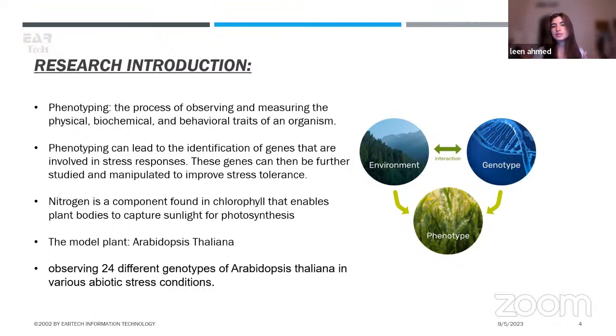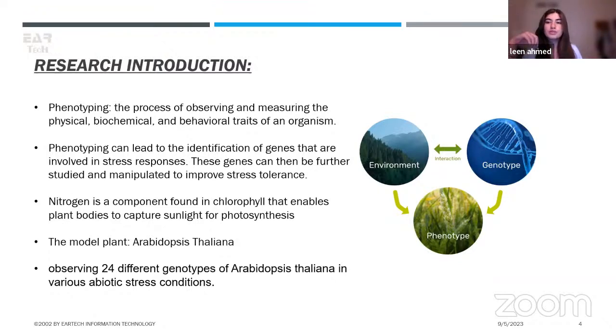I'll be getting into more details about it. I don't want to get into too much detail here, but I really want to talk about nitrogen, as I previously mentioned, it is the component that we manipulated in the experiment.